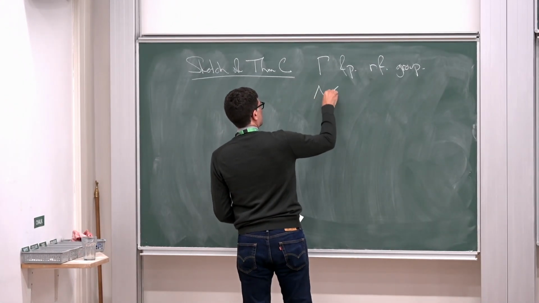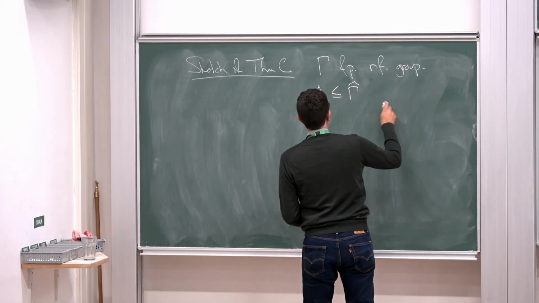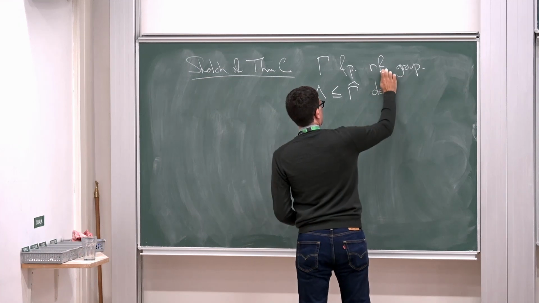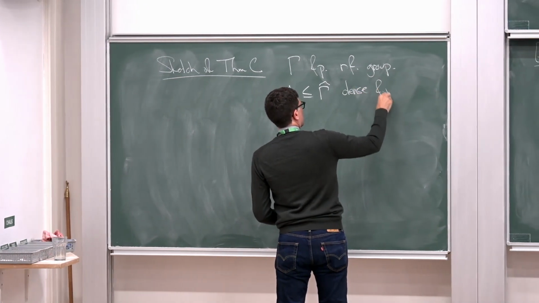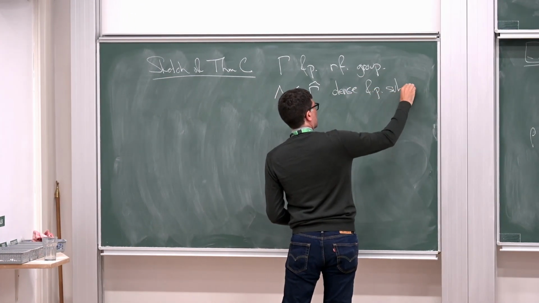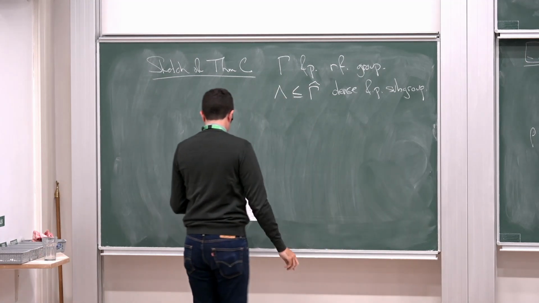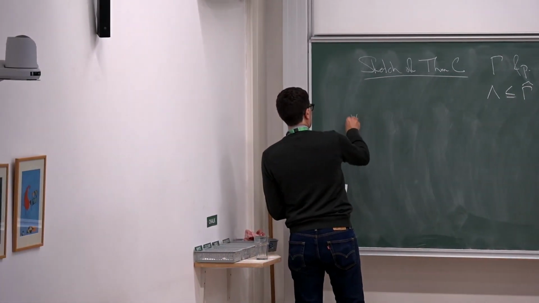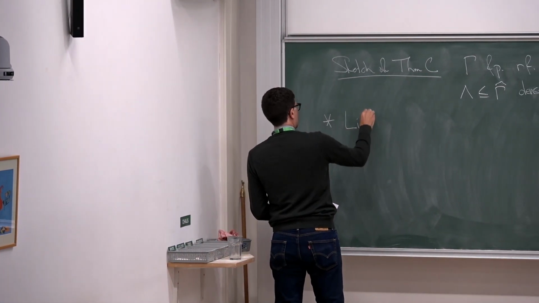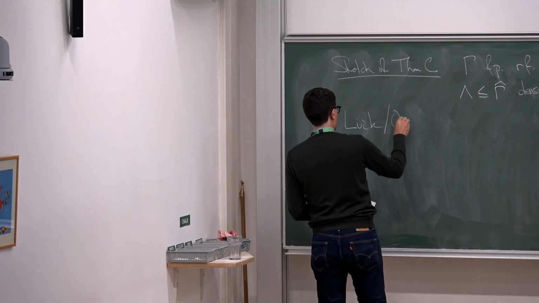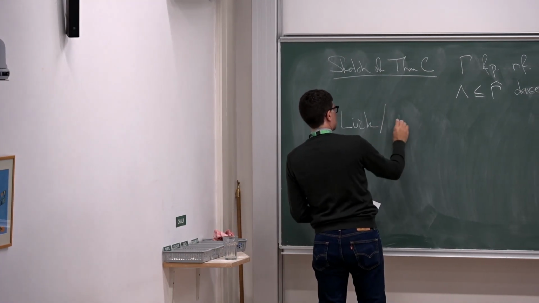Pick lambda to be a dense subgroup inside the profinite completion. There are three facts, L, M, and O; L comes first.